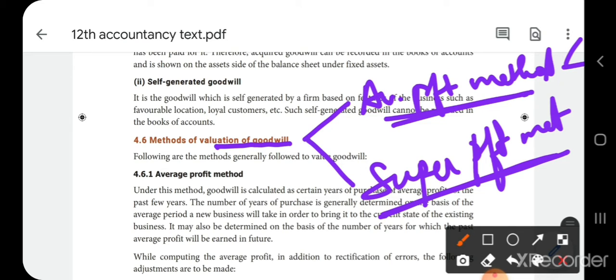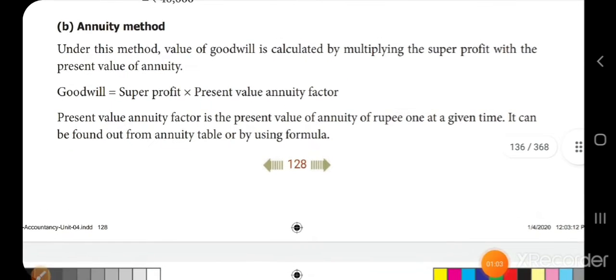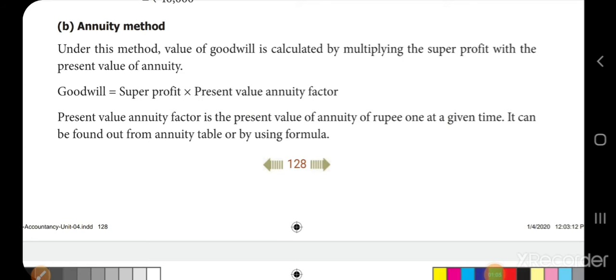Now we have seen the first type under the super profit method. Let's see the annuity method in this class. Now in this, when the goodwill is calculated under this method, the annuity factor will be given in the problem.